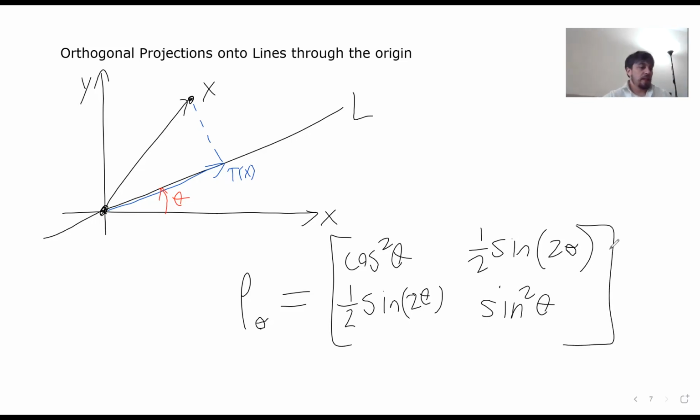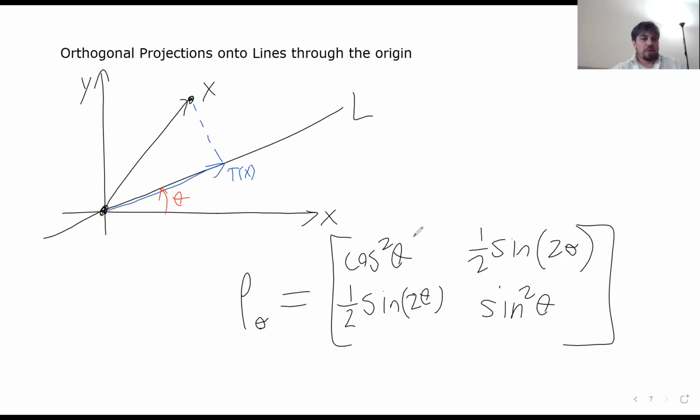So that's the standard matrix, and with that we are done with 4.9.